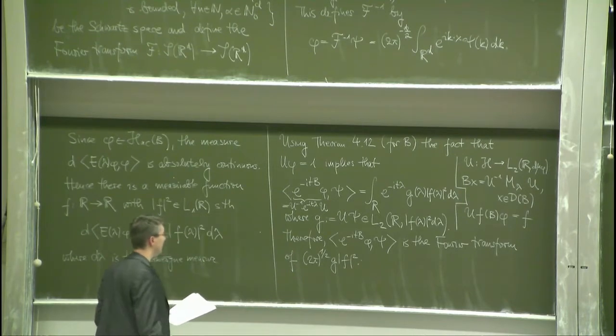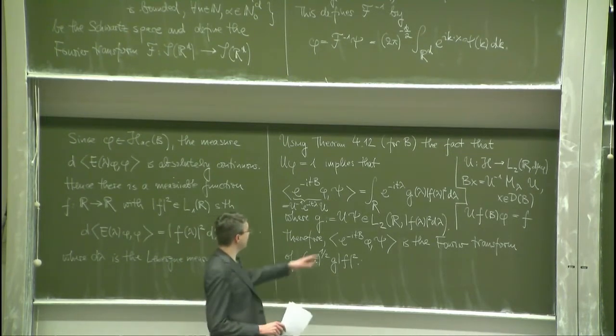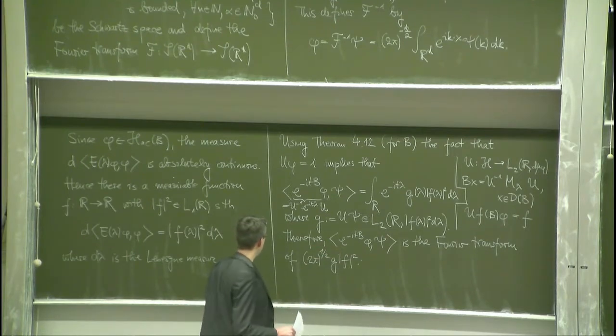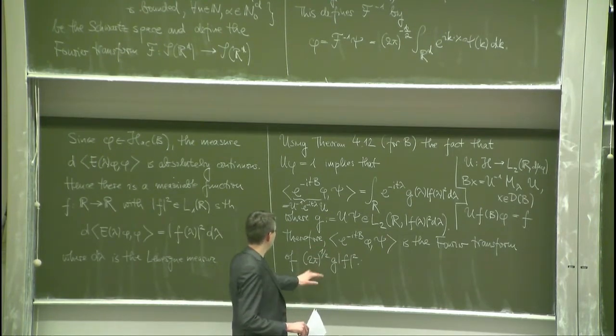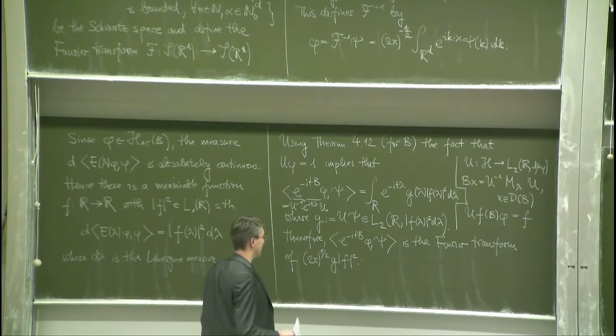Yeah, simply by the definition of the Fourier transform. So we conclude that this expression is a Fourier transform, and we know that this is the function that has to be transformed.